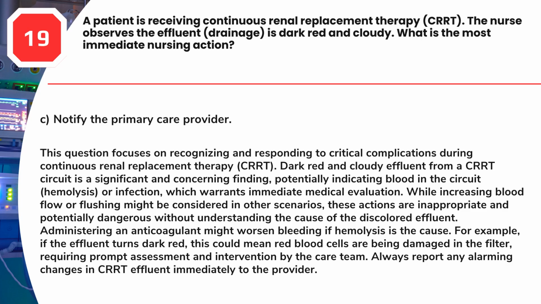While increasing blood flow or flushing might be considered in other scenarios, these actions are inappropriate and potentially dangerous without understanding the cause of the discolored effluent. Administering an anticoagulant might worsen bleeding if hemolysis is the cause. For example, if the effluent turns dark red, this could mean red blood cells are being damaged in the filter, requiring prompt assessment and intervention by the care team. Always report any alarming changes in CRRT effluent immediately to the provider.